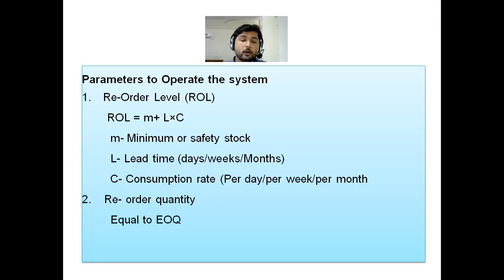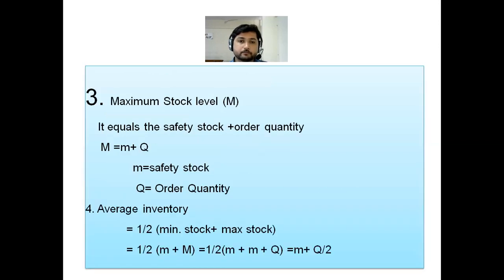Then second thing, reorder quantity, it should be equal to EOQ, that is economic order quantity. Then third one, maximum stock level, in bracket capital M. So maximum stock level should be equal to the safety stock plus order quantity.